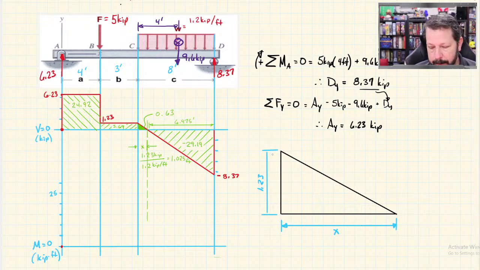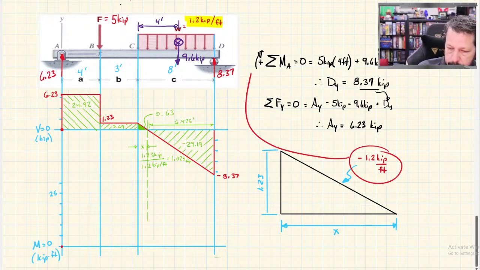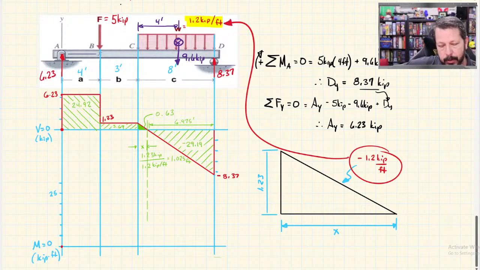Now, the other thing we know about this triangle is that the slope of this red line is directly related to the value of our distributed load. The slope of that line is pointing down, so it's technically negative, 1.2 kips per foot. And that came directly from the value of the distributed load, which is what created this triangle in the first place.